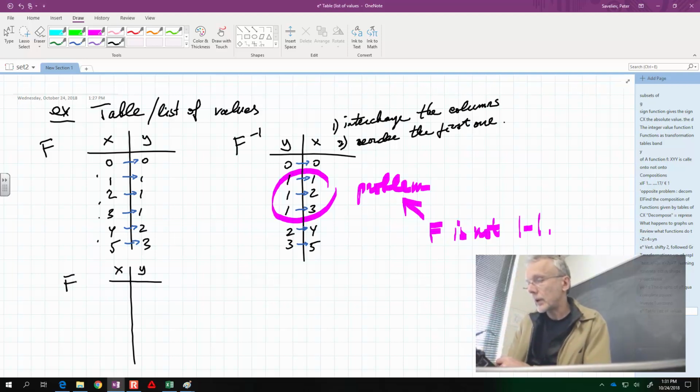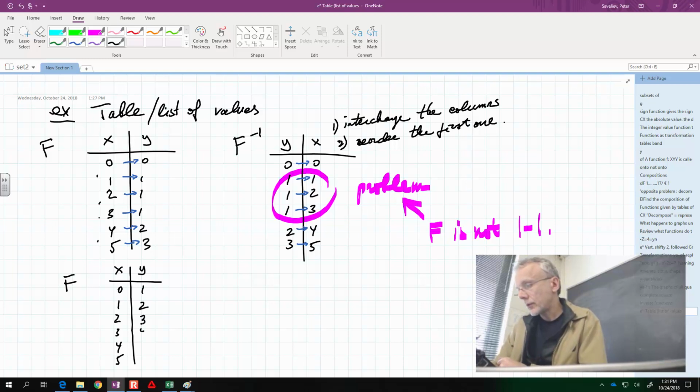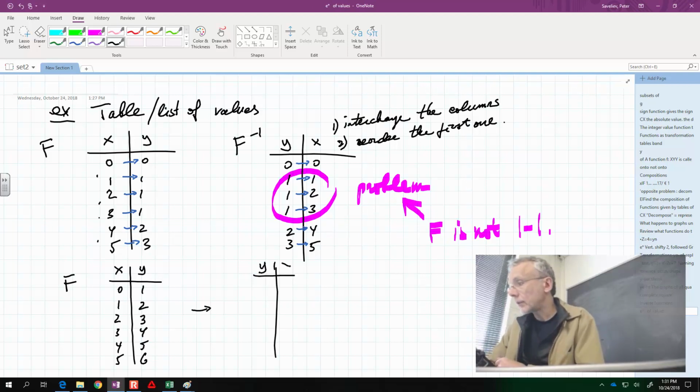So this is my F. 0, 1, 2, 3, 4, 5. Well, actually, it's not that easy to think of when we have so few values. Say 1, 2, 3, 4, 5, 6. Interchange the two columns, y and x.